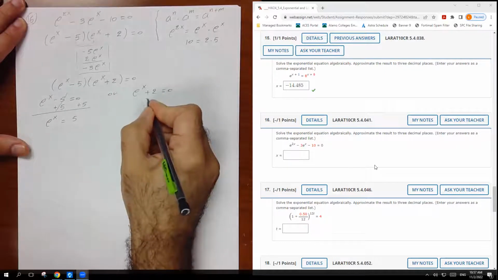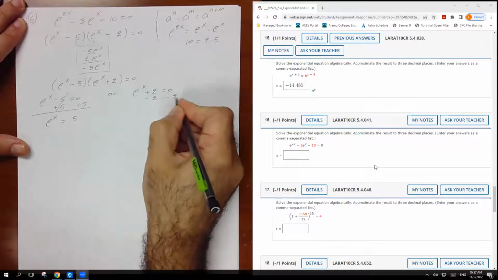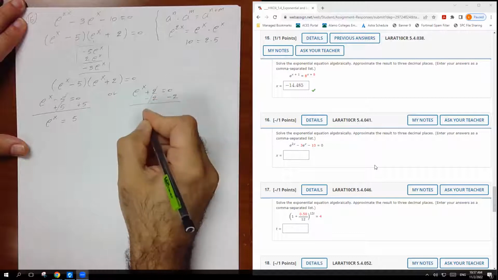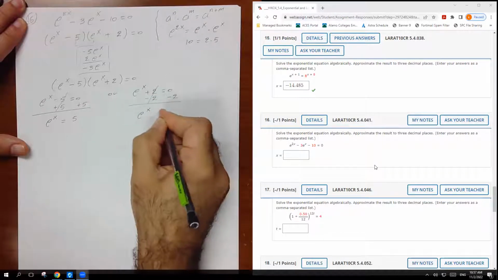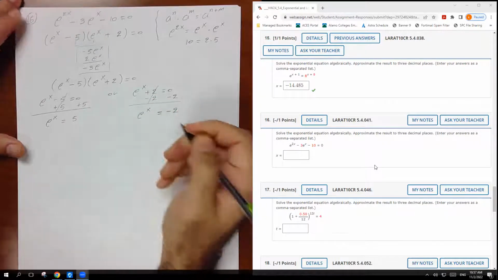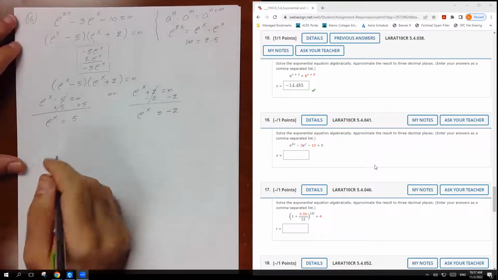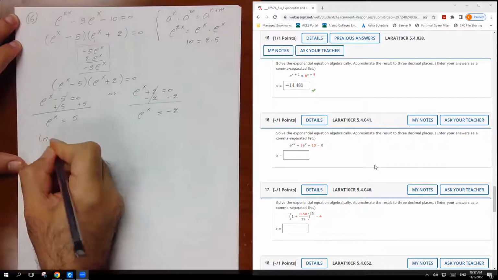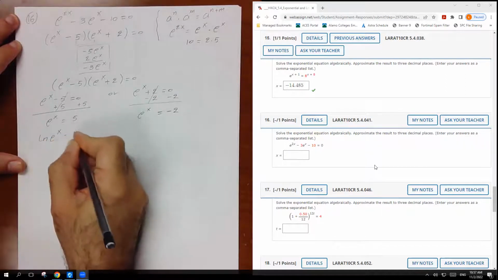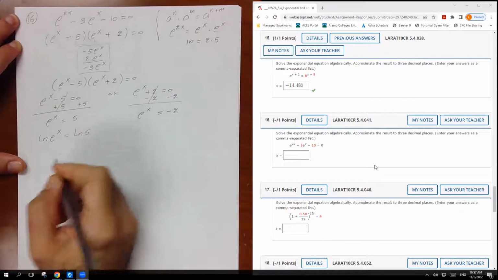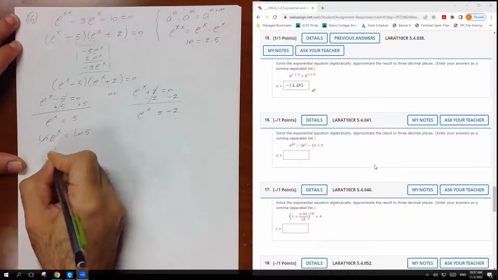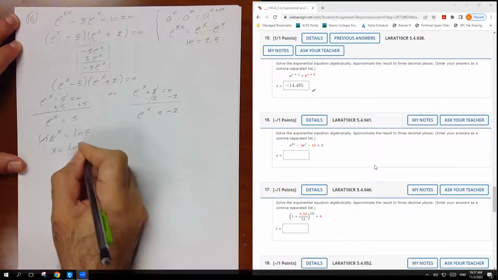On the other side, you're going to subtract 2, so e to the x equals negative 2. Until now, we didn't solve it, because we need to find the value of x. So I'm going to say ln e to the x equals ln 5. Cancel here. That means x is going to be equal to ln 5.